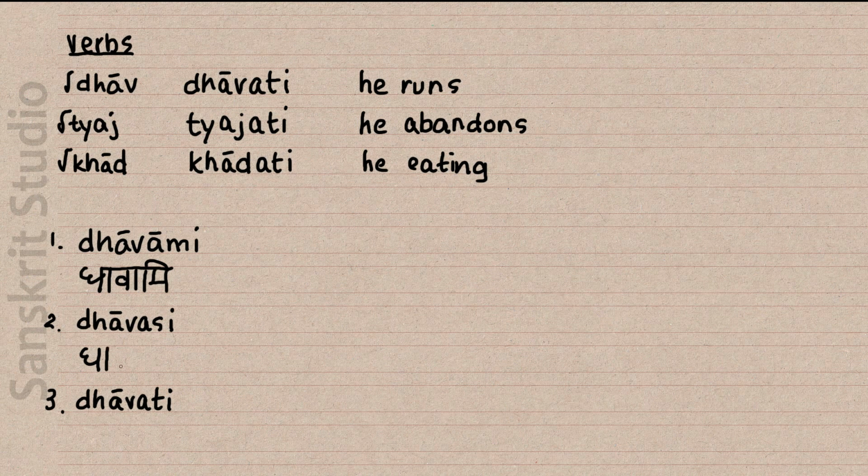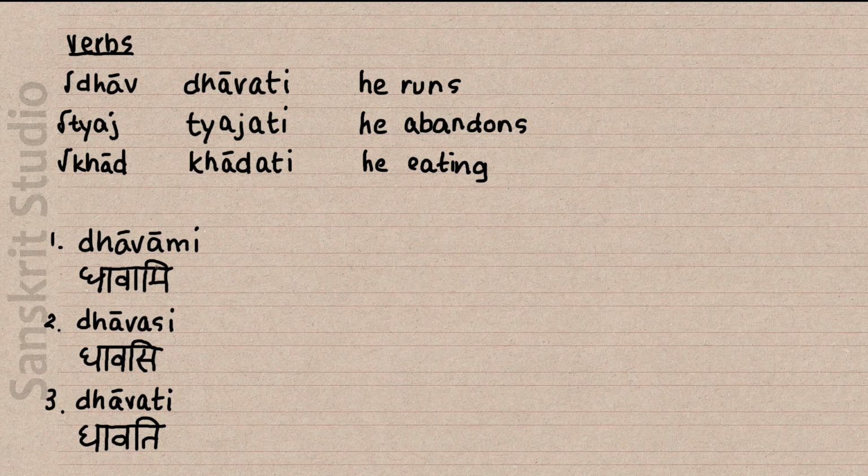Dha is there and va is there and si is there, and then we just connect all of them like that. And then the last one, dhāvati. Alright, so that's those forms.